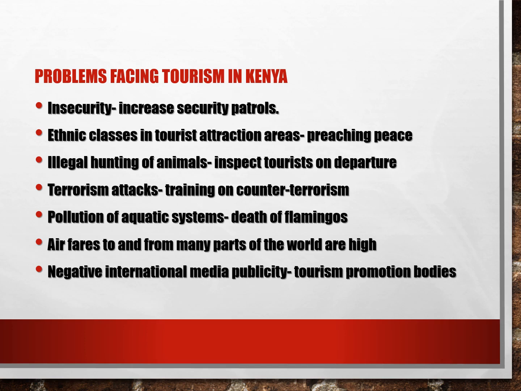Sometimes, especially the international media that does not understand what is really happening in our country, think that because we border Somalia or because we have incidences of terrorism, we have insecurities. These are just isolated cases which are normal in every other country of the world. So these tourism bodies will ensure that people have a different picture of our country.